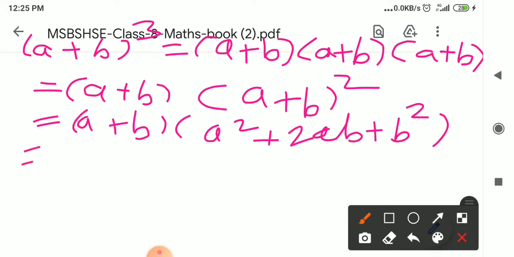In the next step, a into this whole bracket, a into (a square plus 2ab plus b square), and plus b into the bracket (a square plus 2ab plus b square).